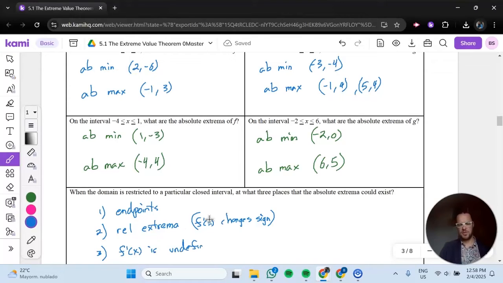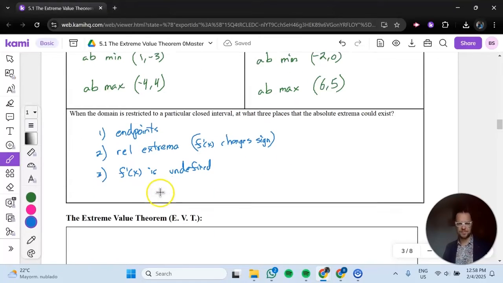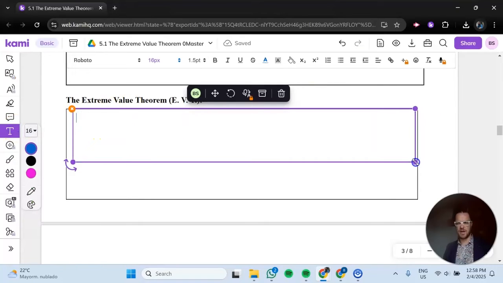Because remember, just because we changed our definition, I guess, of relative extrema, that they were where the derivative was equal to 0 or undefined. We changed that last chapter from our original. So those are the 3 things that we need to check. All right. So let's actually write down then what is our extreme value theorem.